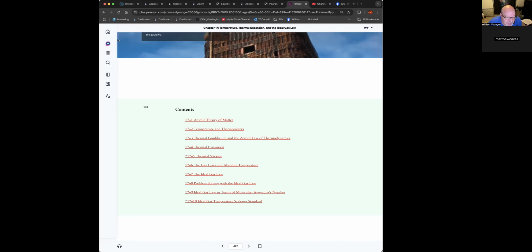Section 17.10 is ideal gas temperature scale, a standard. That's an interesting topic. It's something you should read just for your own edification and knowledge. But again, that's an optional section, and I will do my best to not have any test questions on that material. Okay, so it's going to be ignored basically.